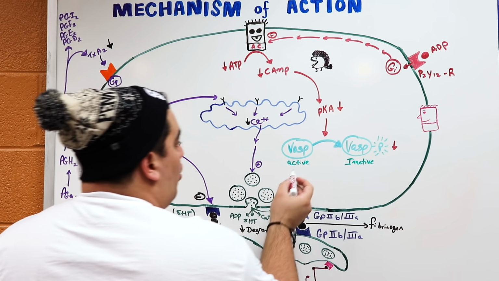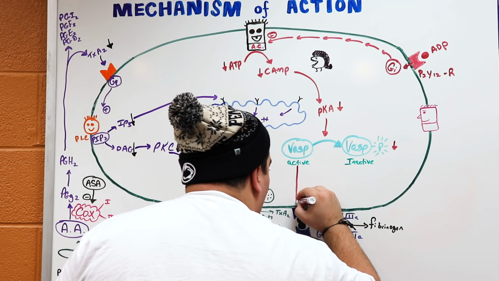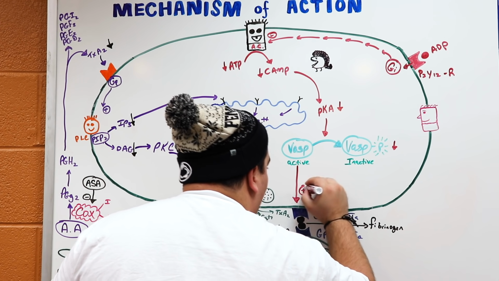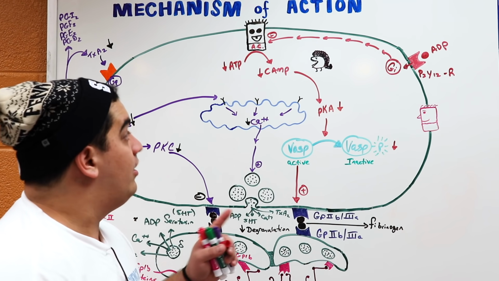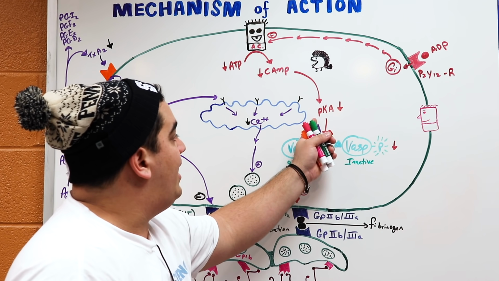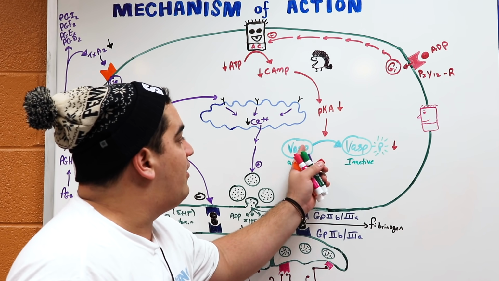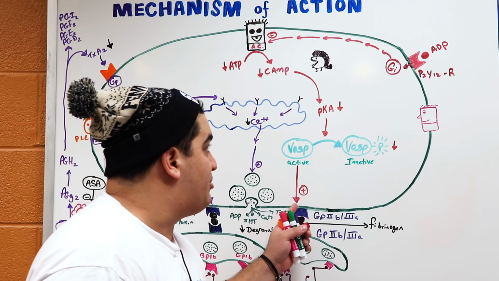When this is active, what does it do? It stimulates the GP IIb/IIIa. Follow that? G inhibitory protein, less cyclic AMP, less protein kinase A, less phosphorylation of the VASP into VASP-P. If this is active, it's going to stimulate this protein.